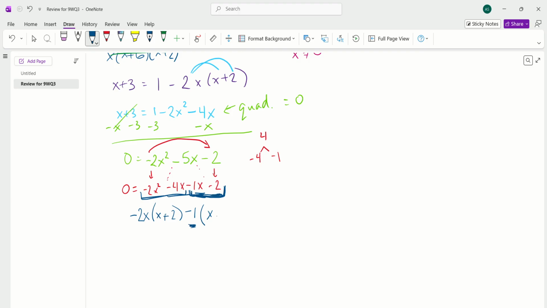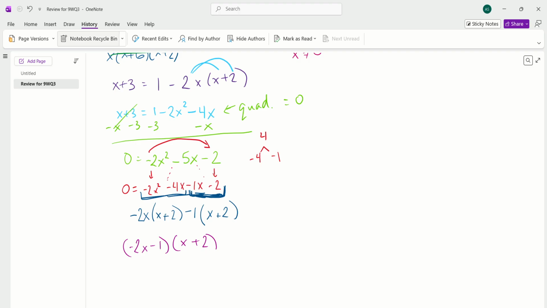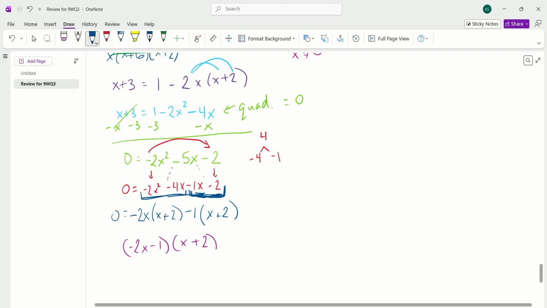Negative divided by negative gives you a positive. From here, you can do outsides and insides: negative 2x minus 1, and x plus 2. And somewhere along the way, I accidentally dropped off my equals 0. So we're just going to re-add that back on.